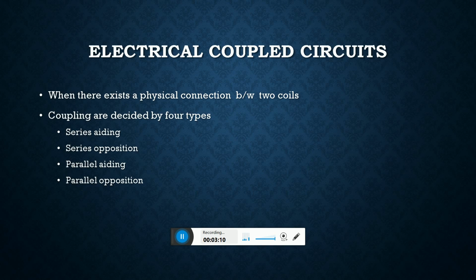Electrical coupled circuits, as I said, are physically connected between the two coils. Couplings are decided by four types: series aiding, series opposition, parallel aiding, and parallel opposition. As we see in resistors, series and parallel are the same here.